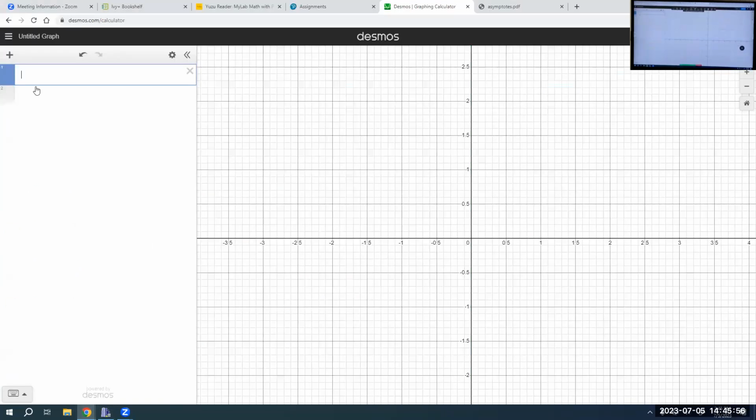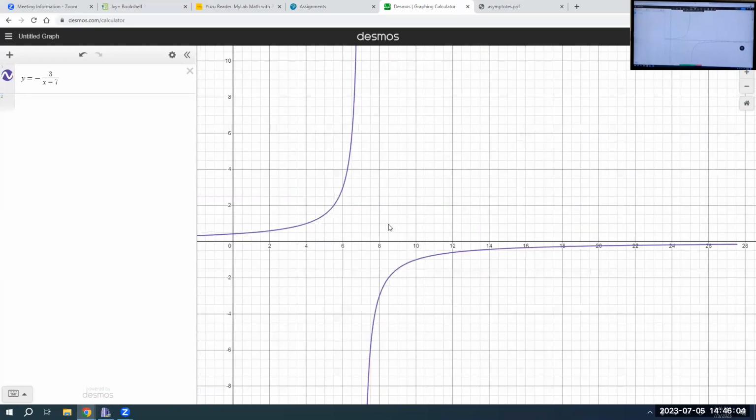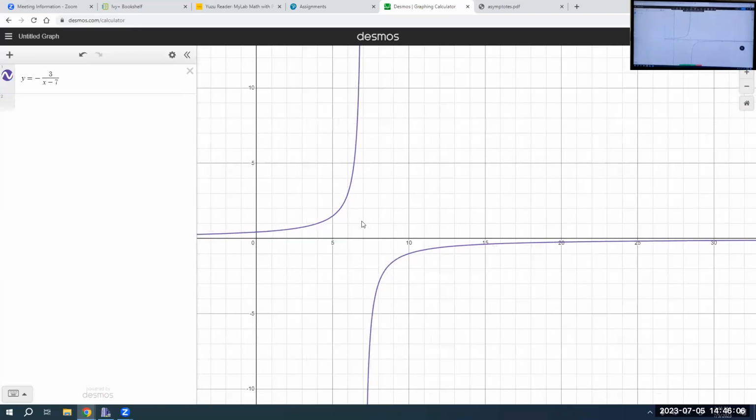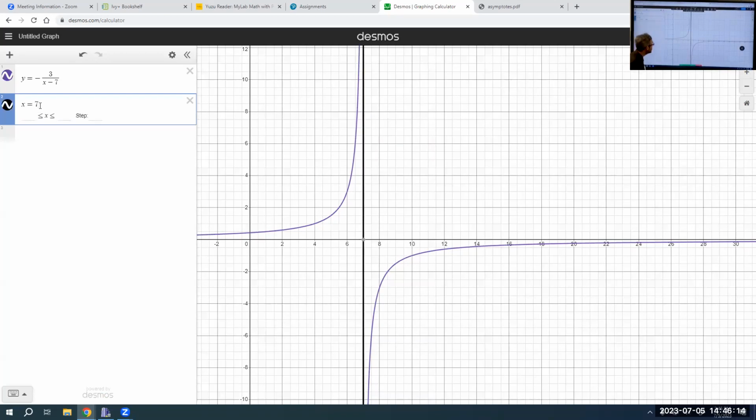See what was vertical. Easy to see, we're going to have vertical asymptote x equals 7.